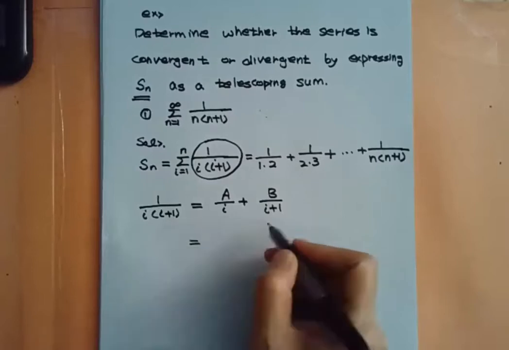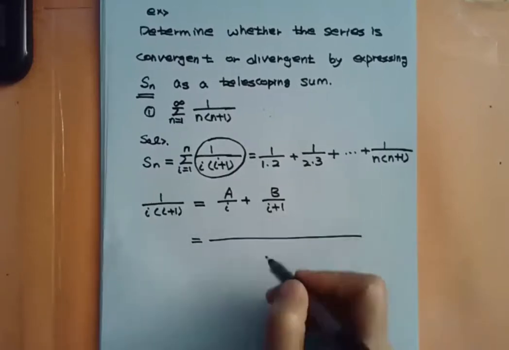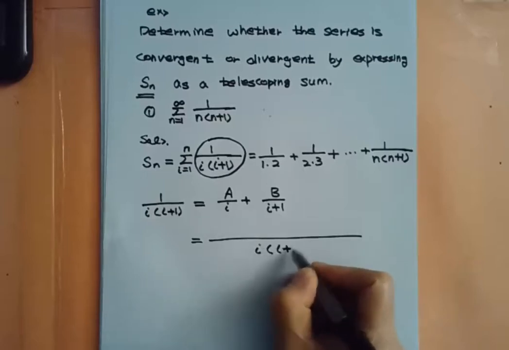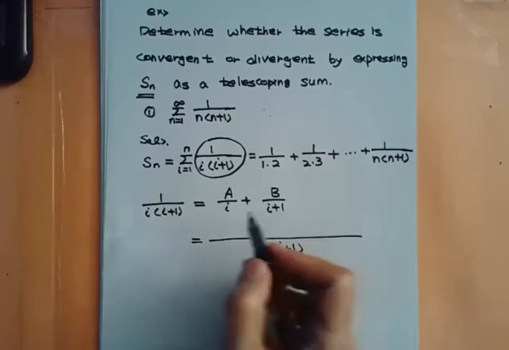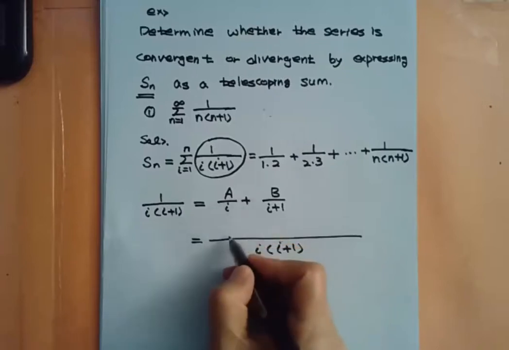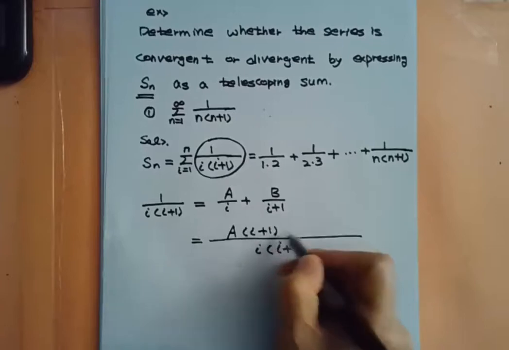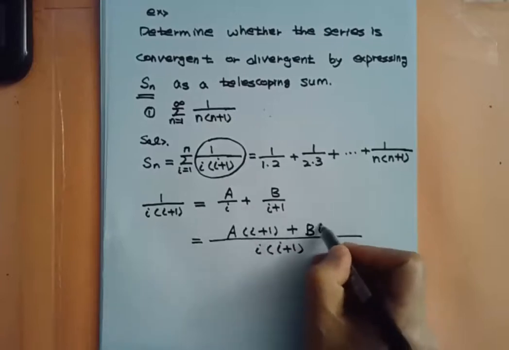After we put it like this, we consider the common denominator, i times i plus 1, and then cross multiplication, A times i plus 1 plus B times i.